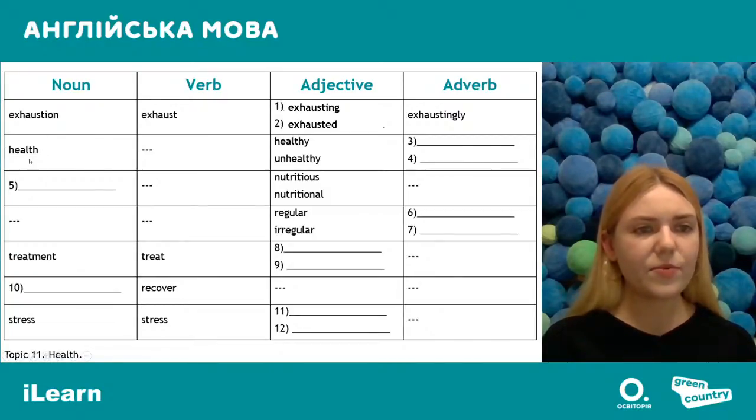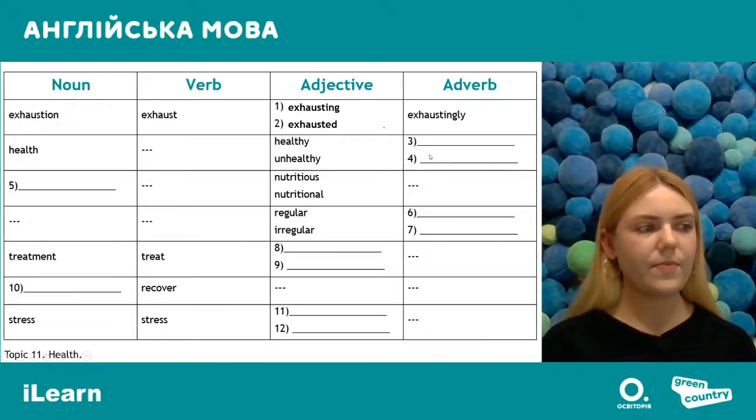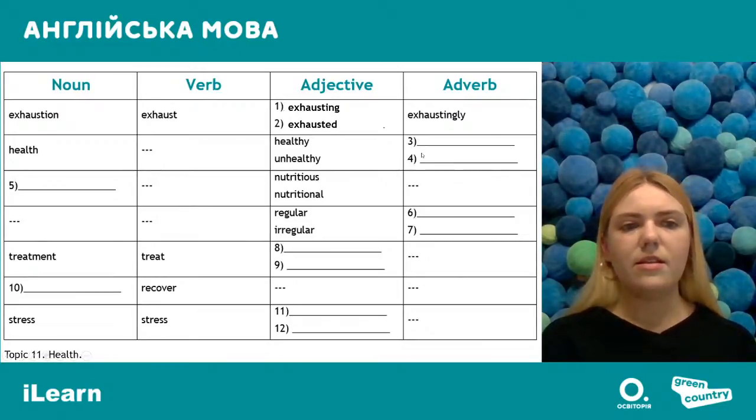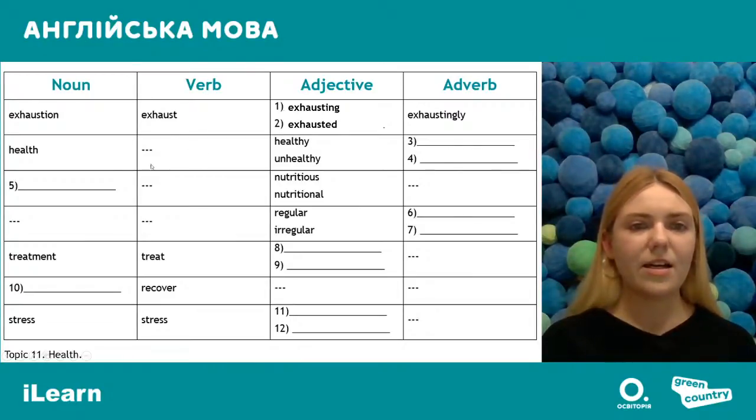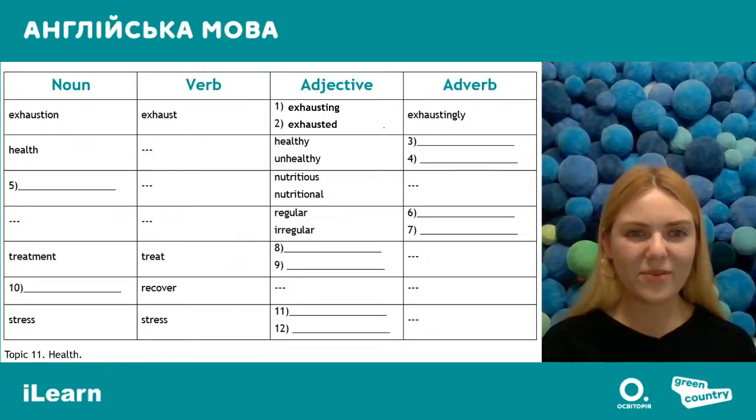So then the next one is health, здоров'я. Adjectives can be healthy or unhealthy, здоровий, нездоровий. And what is an adverb? The verb heal, okay, it might be. It's not the same word family, but yeah, it's a good verb to know.